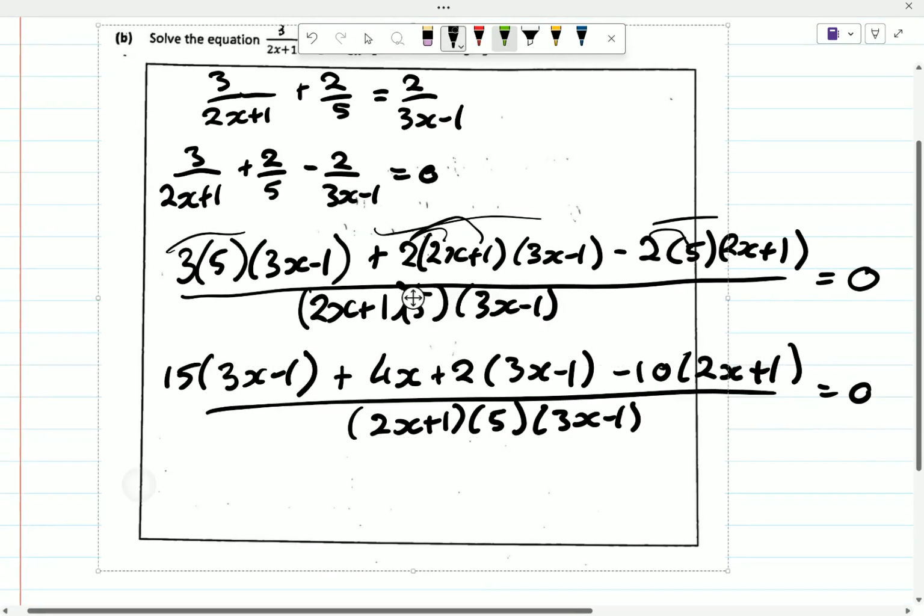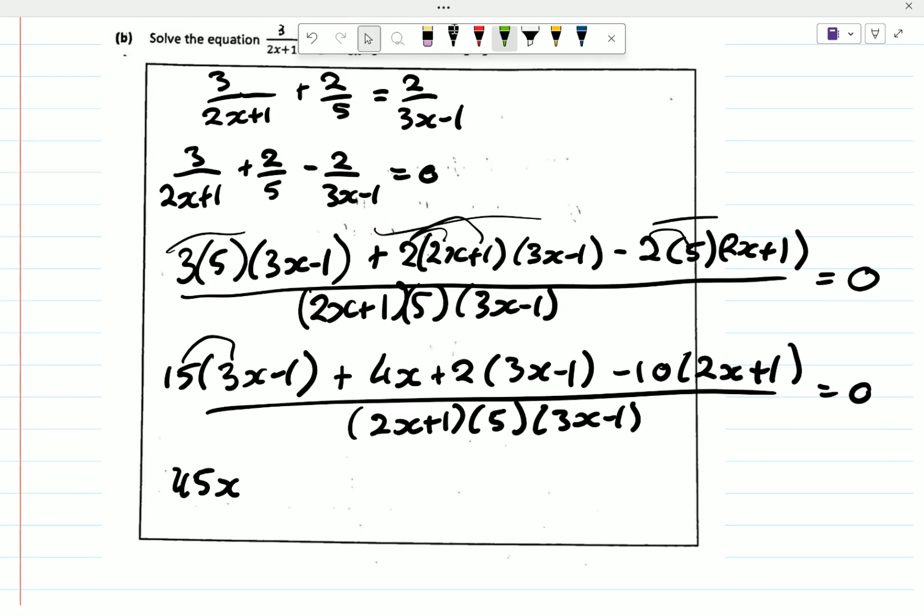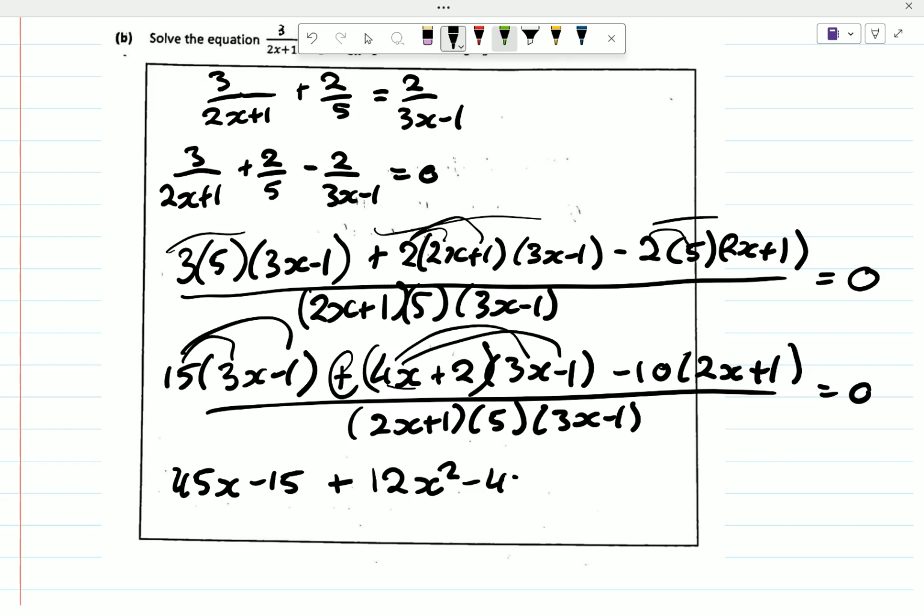So we can continue multiplying. 15 times 3x is 45x. 15 times minus 1 is minus 15. We're going to keep our plus sign. Imagine these are linked. So 4x times 3x is 12x squared. 4x times minus 1 is minus 4x.